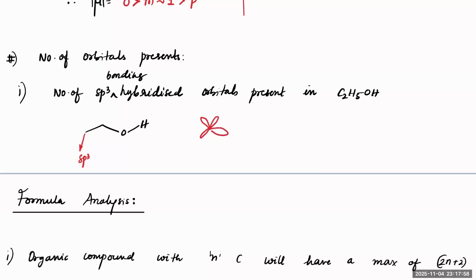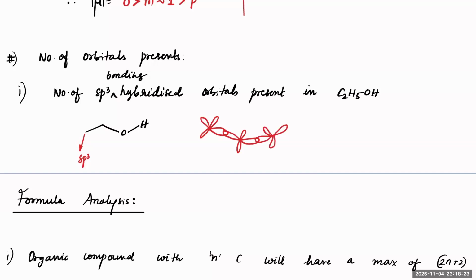And then the oxygen, then the next carbon is also bonding here like this: 1, 2, 3, and 4. These are all four sp3 hybridized orbitals only. Then oxygen is making one bond here, one here, and then lone pair and lone pair here like this.